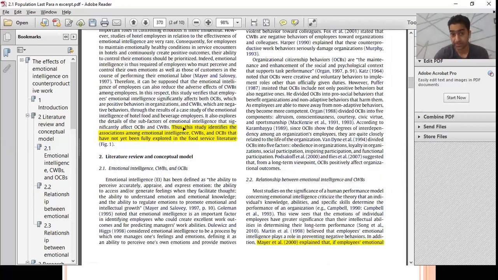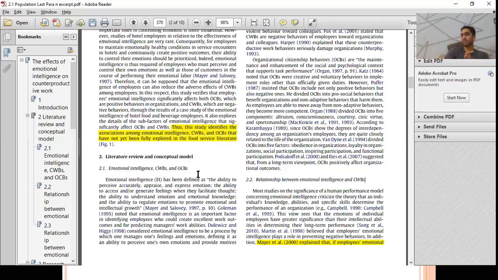what the author did, thus this study identifies the association among emotional intelligence, counterproductive work behaviors, and OCBs that have not yet been fully explored in the food service literature. I have gone through this paper.